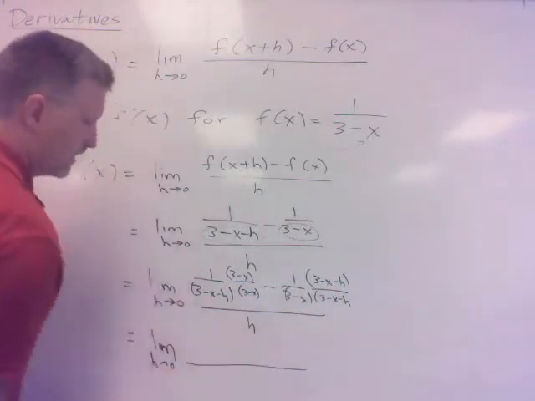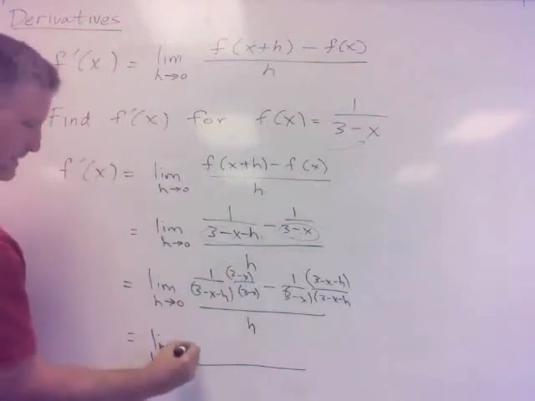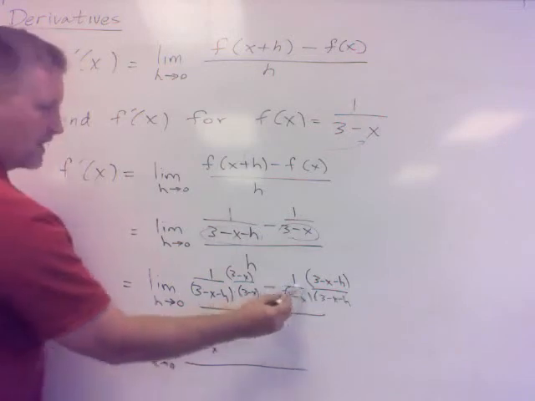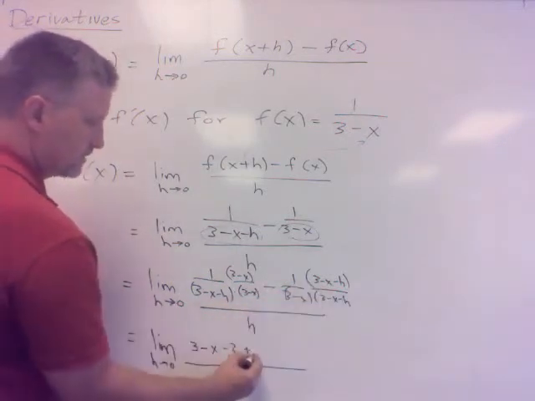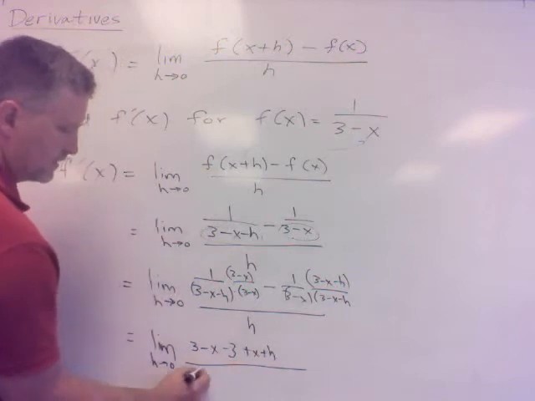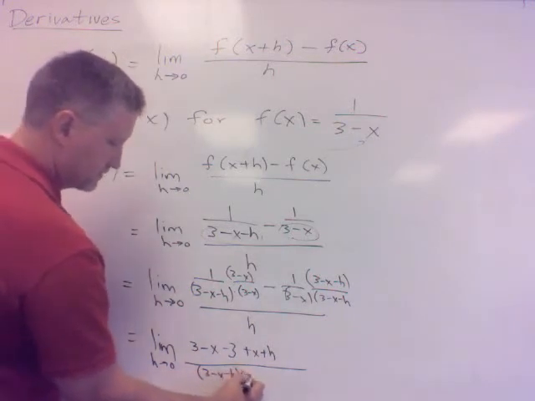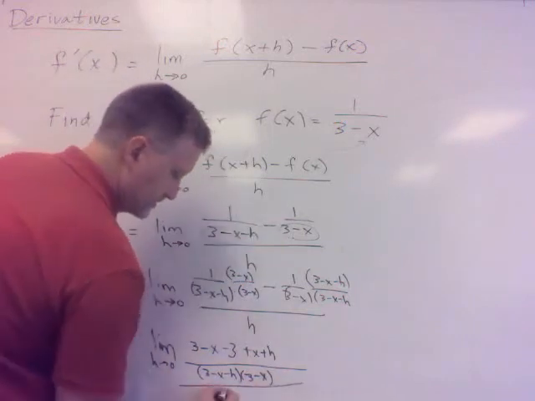What will I have? Well, I'll have 1 times that will be just 3 minus x. Then minus 1 times that would be minus 3 plus x plus h. And then it'll be over 3 minus x minus h, 3 minus x. And then all that's over h.